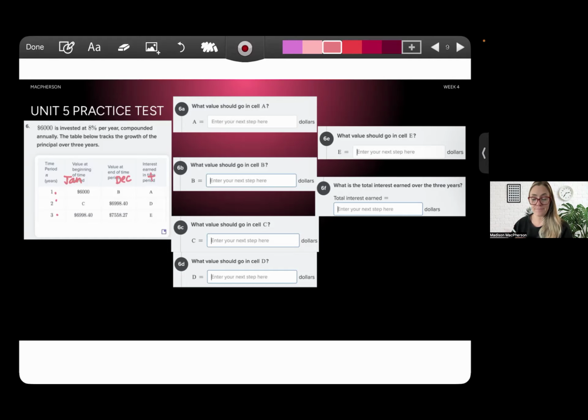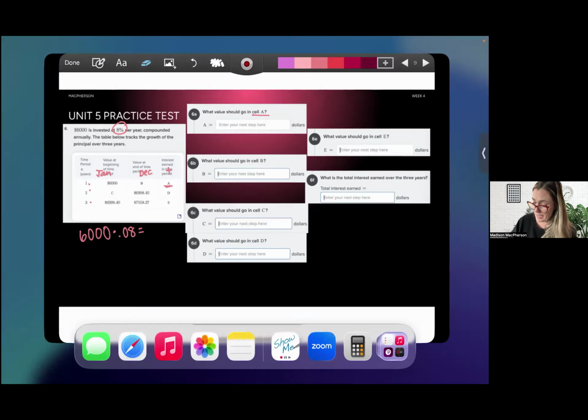So our increase. Okay. So if we start with 6,000 and we are getting 8% per year, that means we're going to take 6,000 and multiply it by 0.08 to see how much we're making to find A, which is what we want for that first one. So if you can't do that in your head, I can't do that in my head.